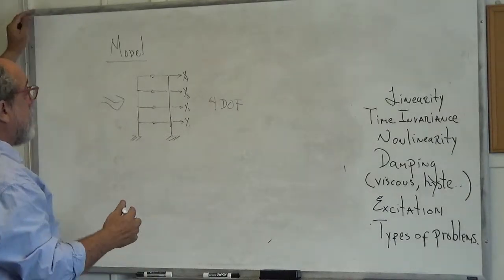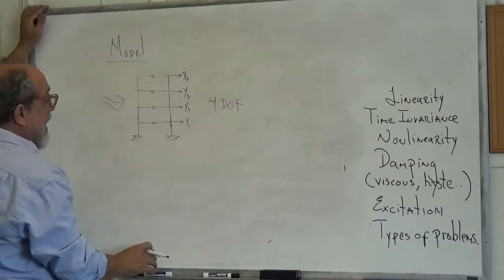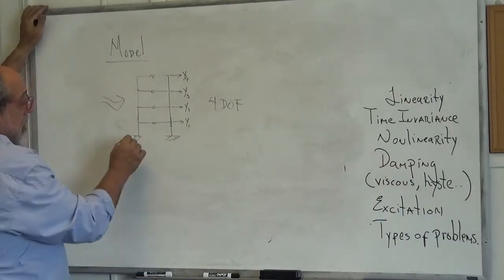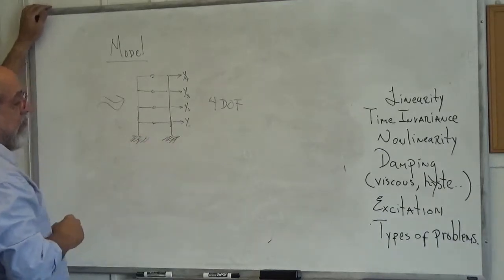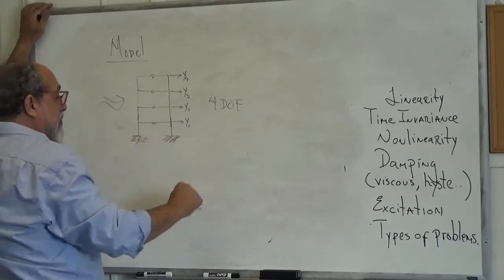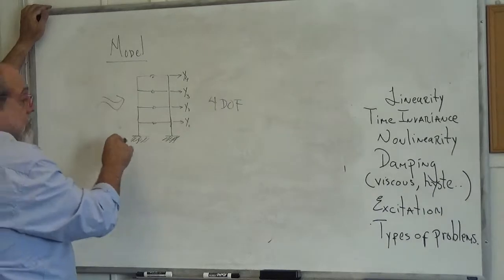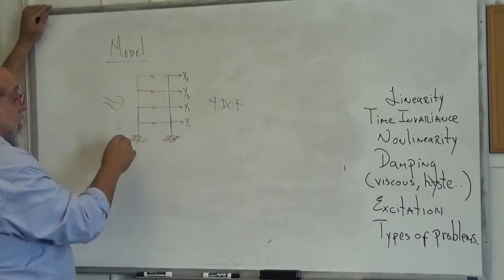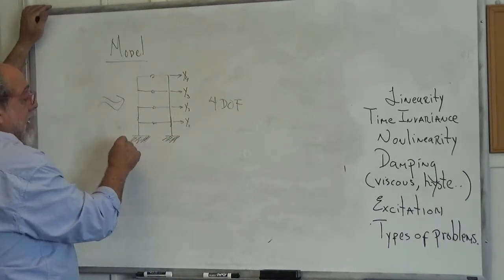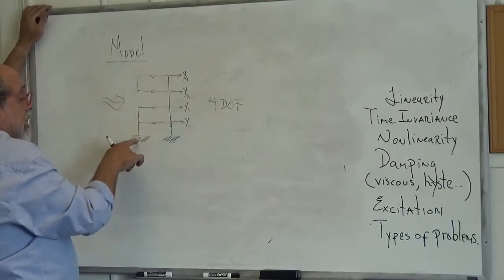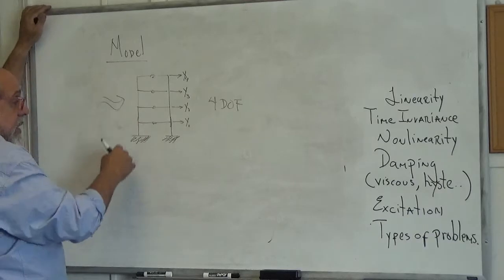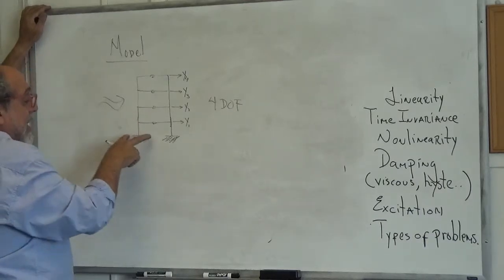limited, right? It's finite. Now, another thing is, notice that I put these foundations here as being fixed. That means that I separated the building from the rest of the world, because of course there's the planet here, right? So I just said, you know what? That point of this structure is connected to something else. The planet is another structure, but I don't care.